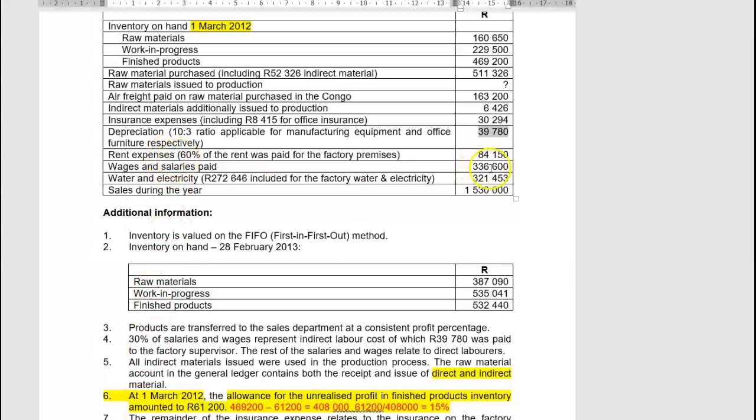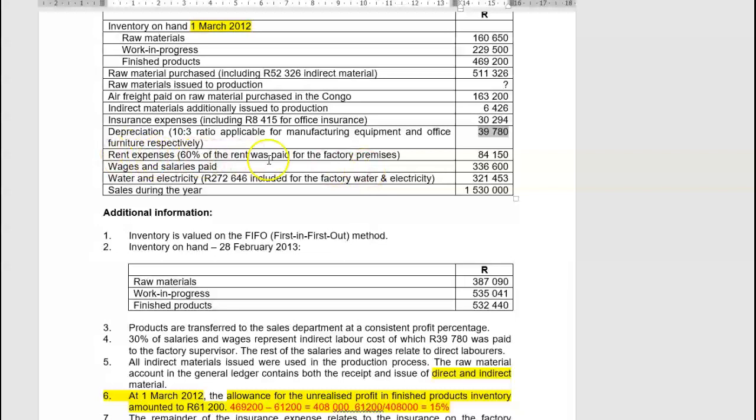Then rent expense, a total of 84,150, 60% was for factory premises. Guys, then 60% of that will form part of our overhead and the cost of the inventory. But the remaining 40% is a normal operating expense. The same thing applies to the depreciation. 3 divided by 13 of that amount will be a normal operating expense in the income statement, depreciation on office furniture.